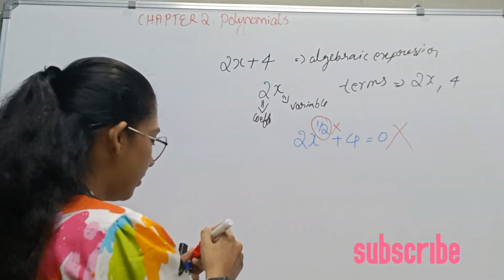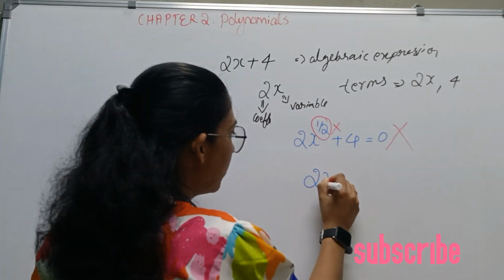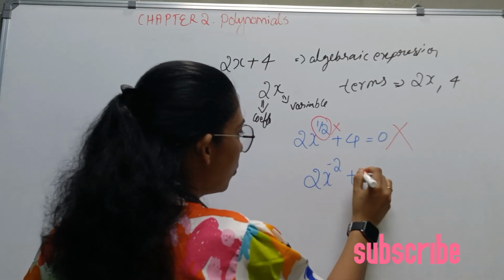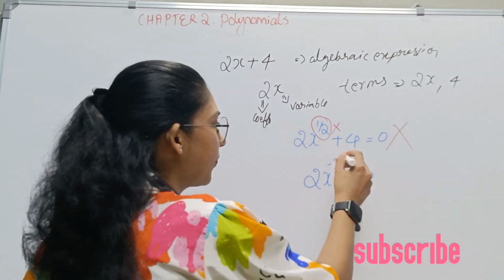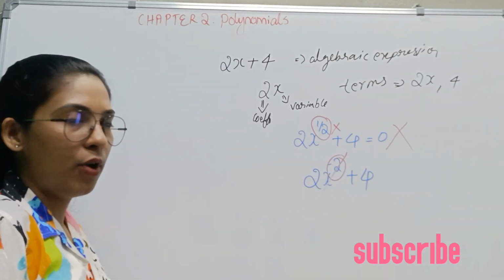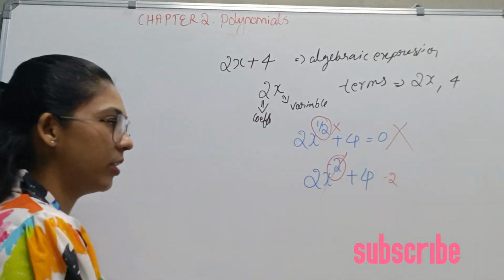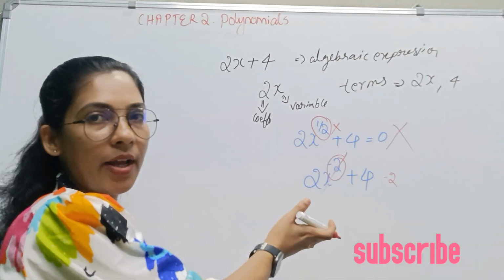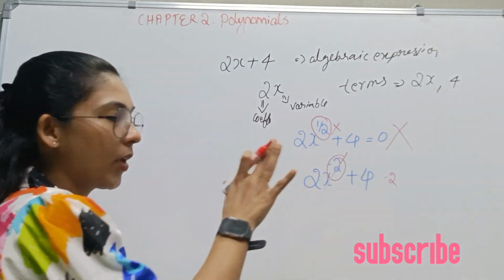And if we write 2x to the power minus 2 plus 4, this is also not a polynomial. Why? Because the power in this case is minus 2. This minus 2 is not a whole number and we can say that this is not a polynomial.